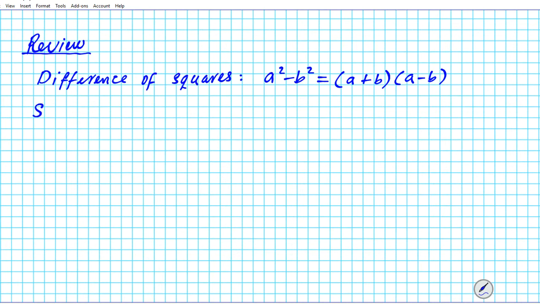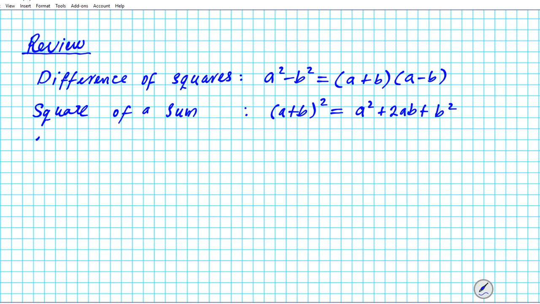The next formula is known as the square of a sum formula, and that's given by a plus b quantity squared. If you expand this, what you get is a squared plus 2ab plus b squared.